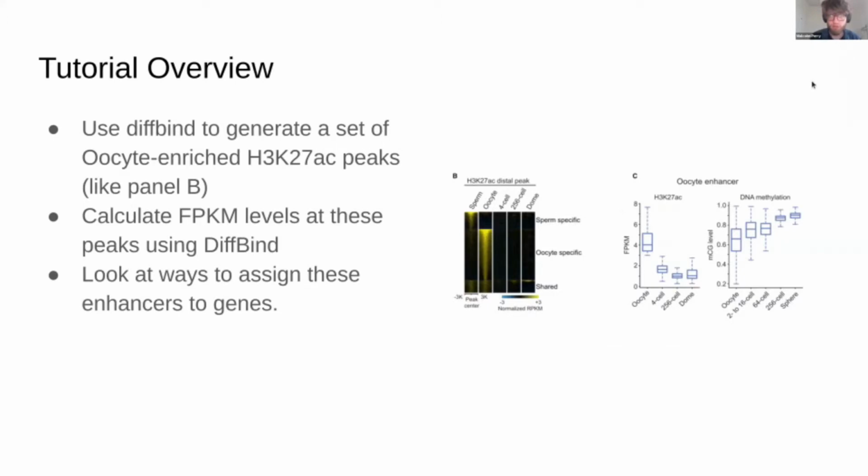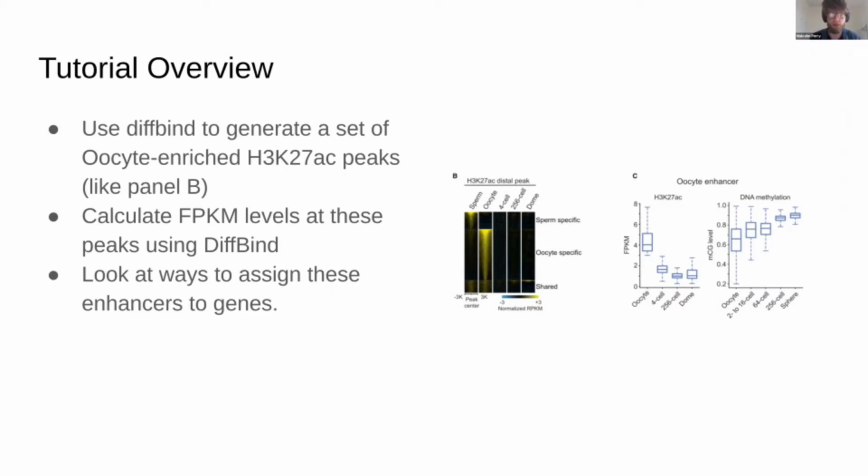Just to go over the overall view of the data in the tutorial: we'll go over the actual programming a bit later. We're looking at panels B and C from this figure from the paper, the same paper whose data Ilias was using in the previous tutorial.